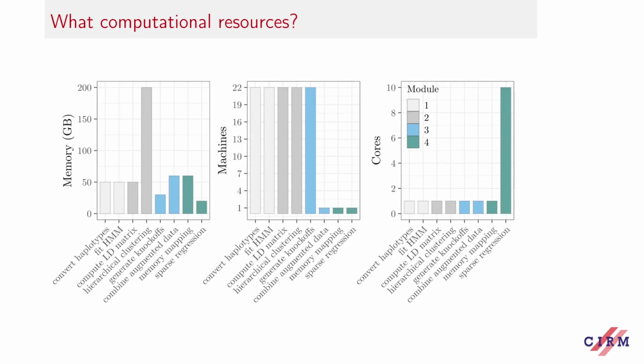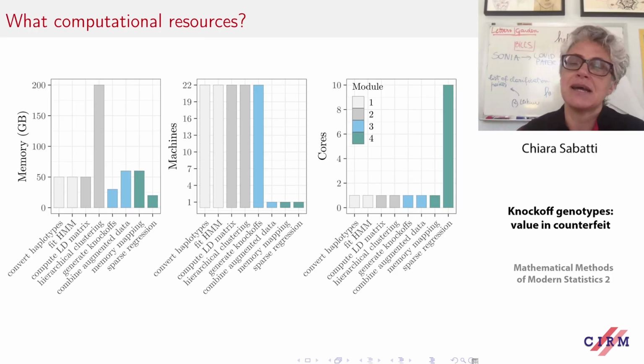A couple of slides on computational resources. Clearly, doing this is not something that happens immediately, but in truth, the largest amount of time is spent fitting these HMM models for our data, and these HMM models are actually fit on a regular basis for genetics data for a variety of other reasons.